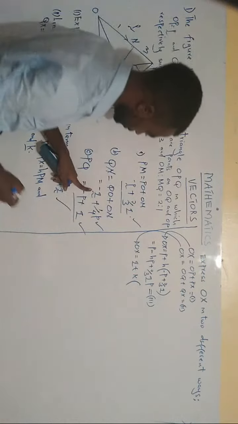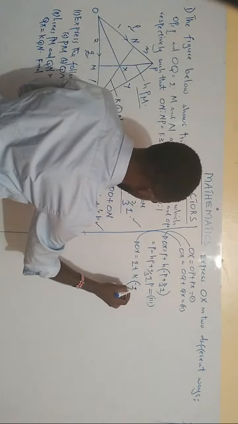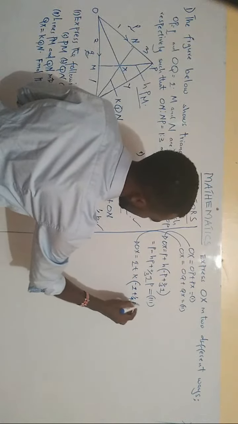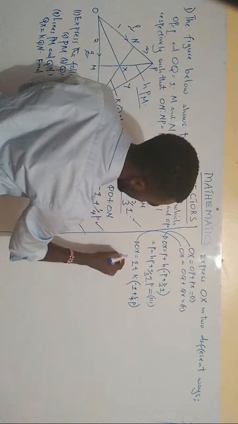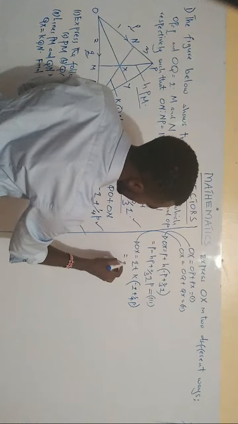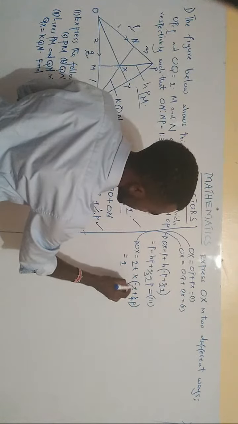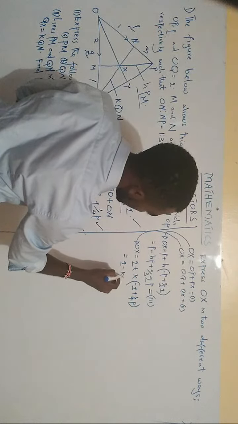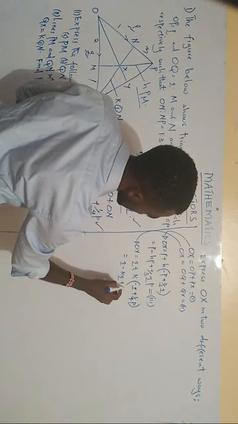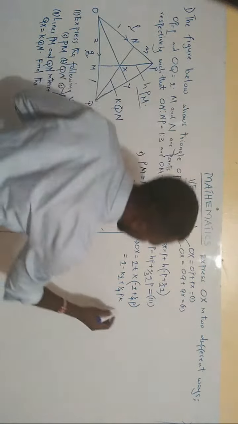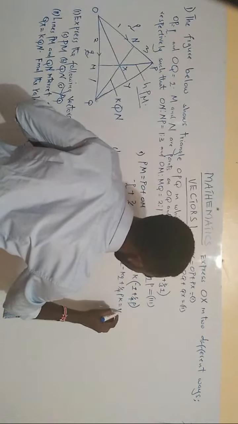It was negative Q plus a quarter P. You can open this bracket and say OX can be given as Q plus K multiplied by negative, that is minus KQ plus a quarter PK. And you can call that one equation 4.